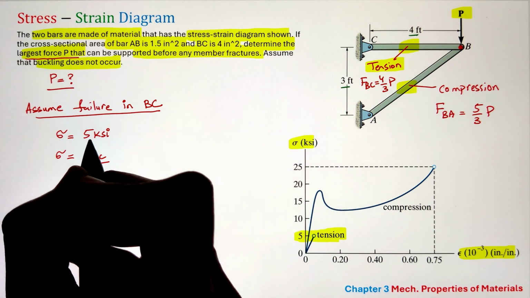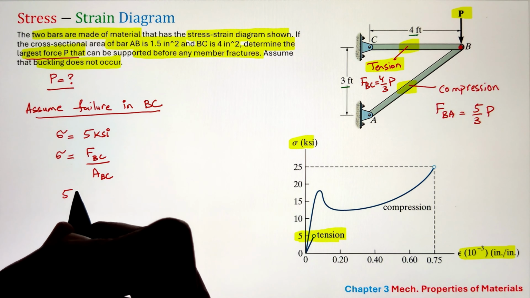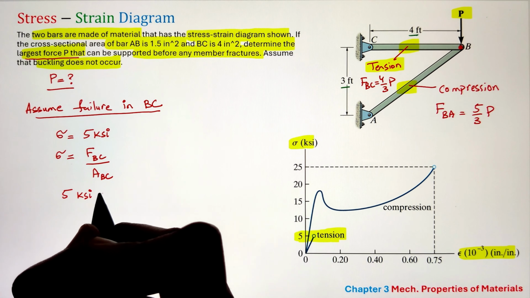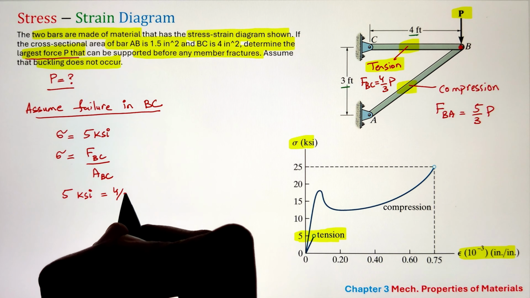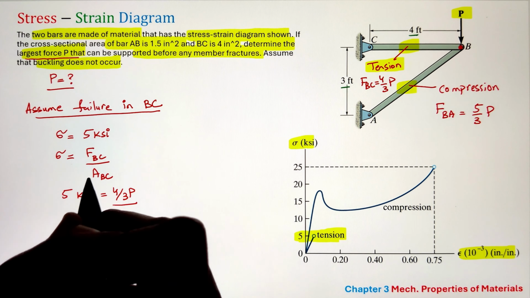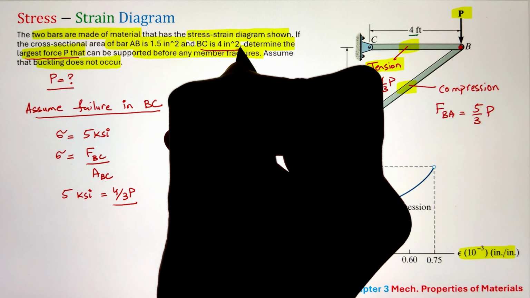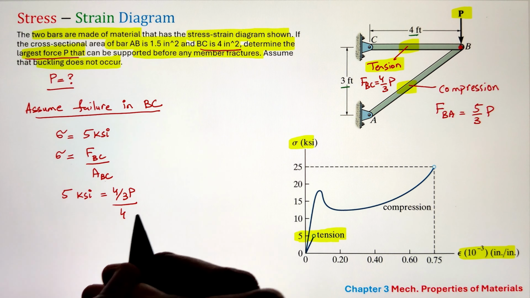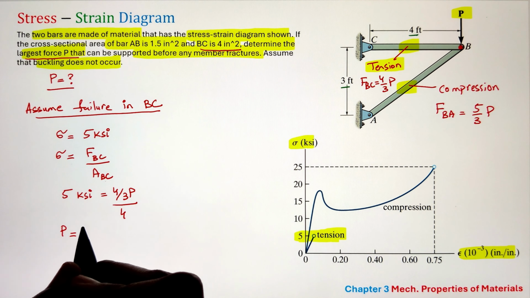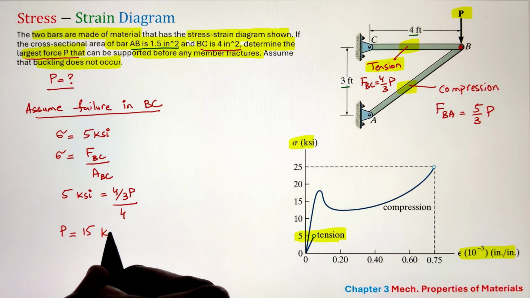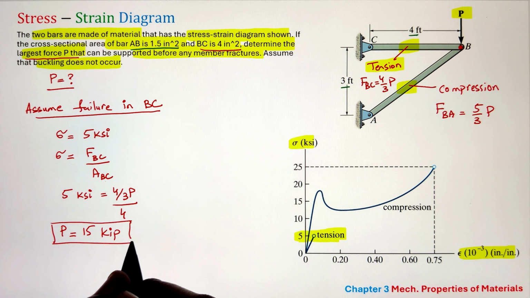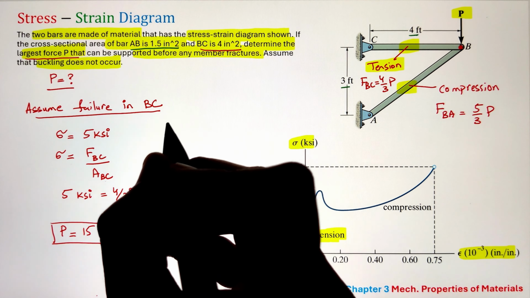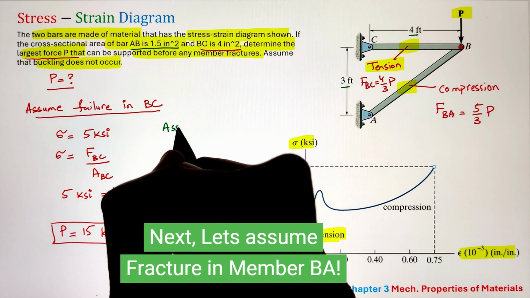Using stress equals force over cross-sectional area, we have a stress value of 5 ksi, the force is 4 over 3 P that we calculated, and the cross-sectional area given in the problem is 4 in squared. Simplifying, we get P equals 15 kip.